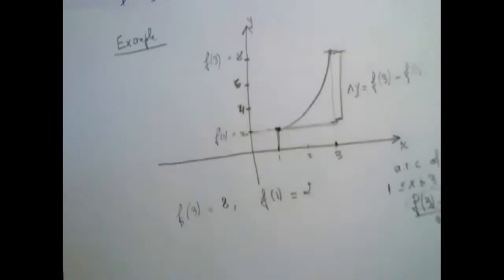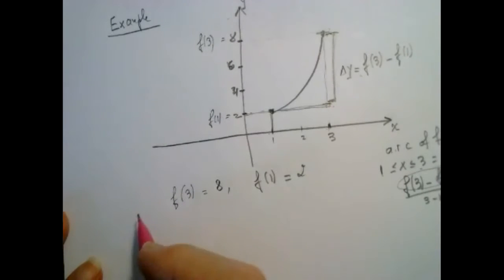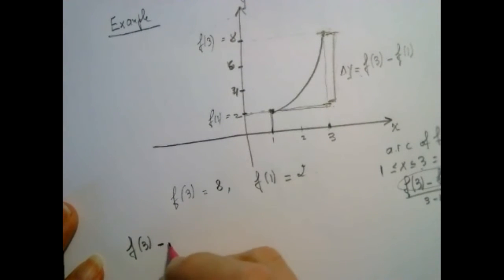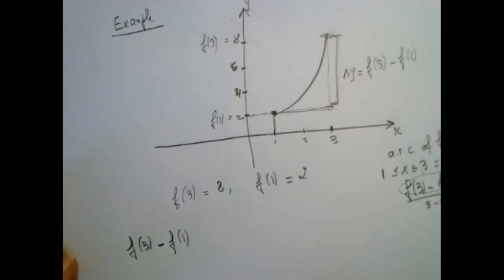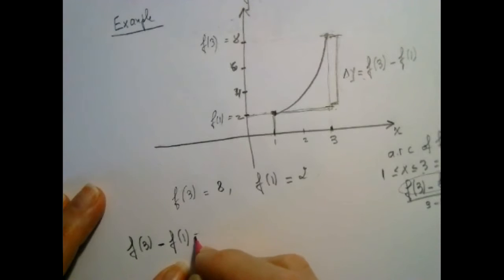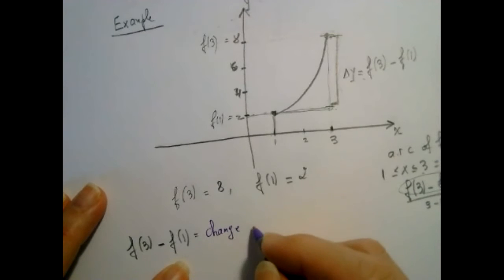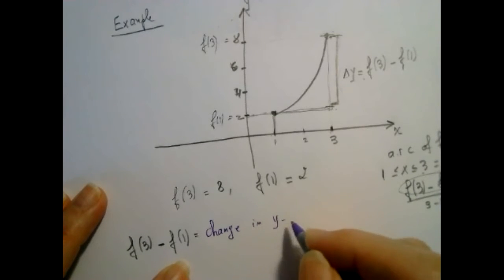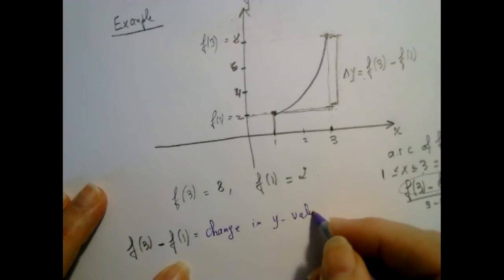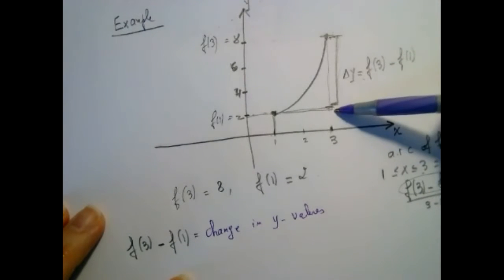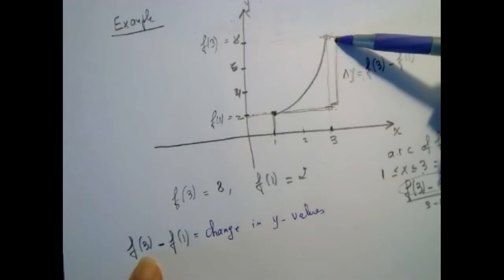Okay, so step number 1, we're going to understand what f of 3 minus f of 1 represents. It is the change in the y value, how much the y value changed. It was at 2 for 1, then it moves all the way to 8.